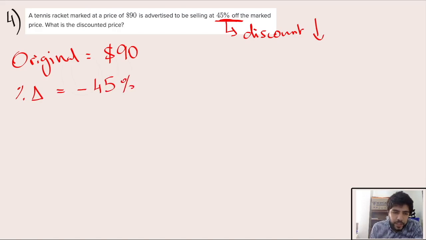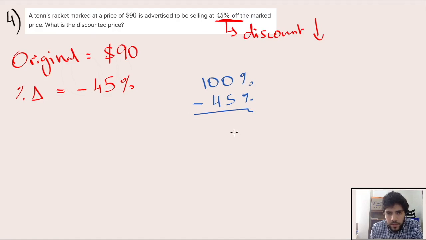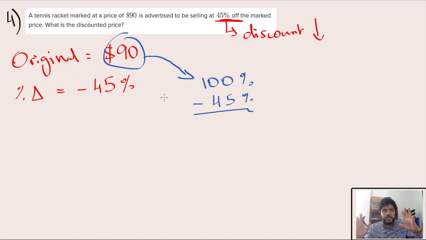So again, let me ask you here. We're starting with 100%. Then we're taking away 45%. We're starting with $90, sure. But in terms of percentage, this is the whole amount. It's 100%. So the original is always 100%.